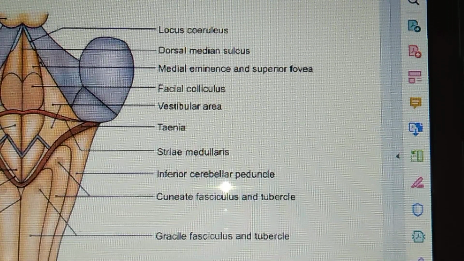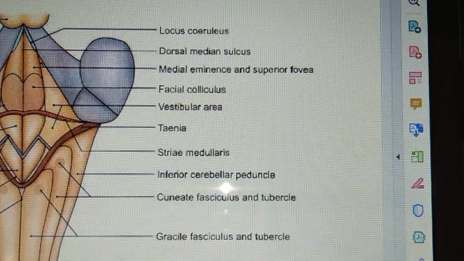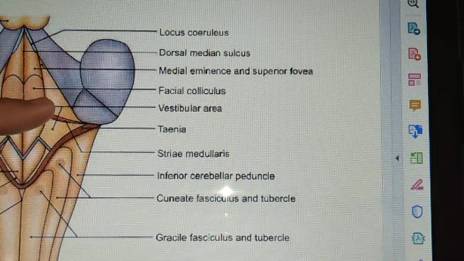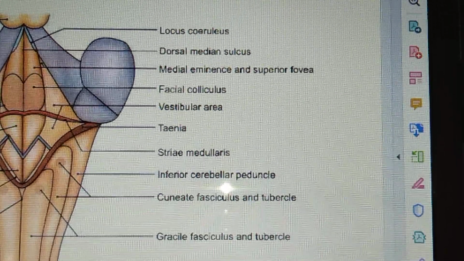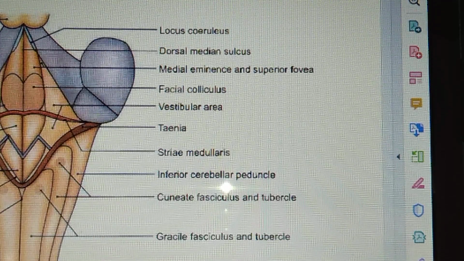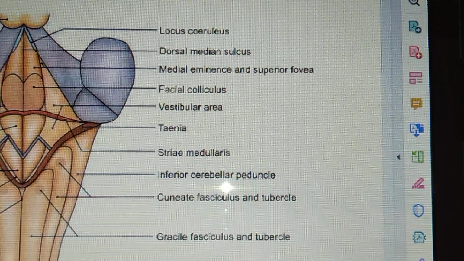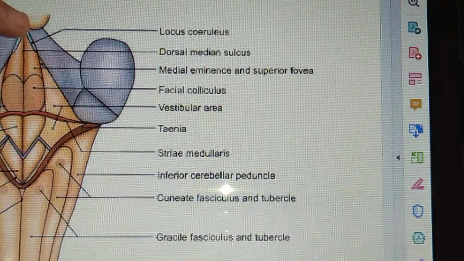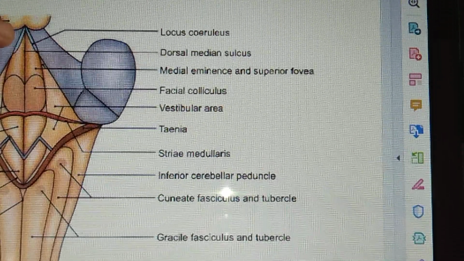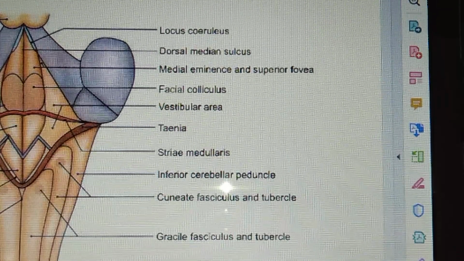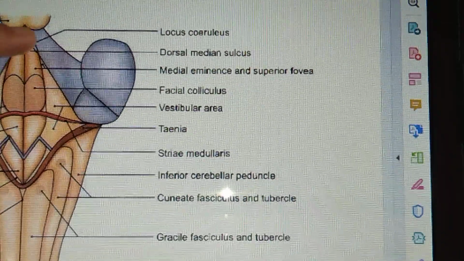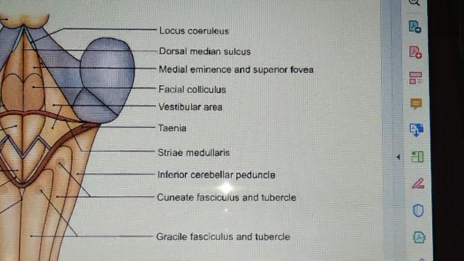Next, in the floor you can see a sulcus. The median eminence is limited laterally by a sulcus called the sulcus limitans, and in the uppermost pontine part, the sulcus limitans overlies a bluish colored area called the locus ceruleus.